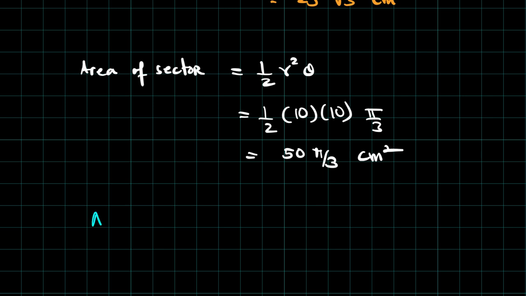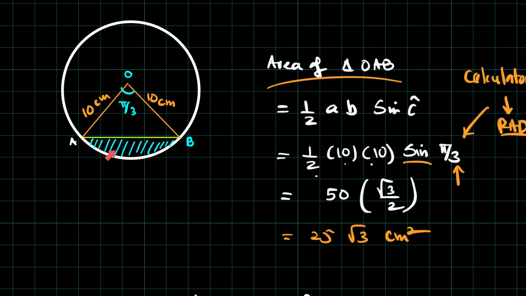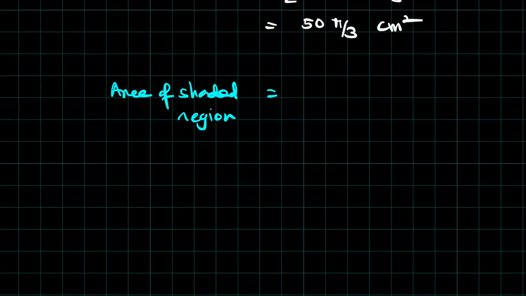Therefore, eventually, the area of the shaded region equals, which is bigger, which is smaller? You have to look. The sector is bigger. It includes this triangle. So area of sector minus triangle. So therefore, I'll write 50 pi by 3, that is the area of the sector, minus 25 root 3, that is the area of the triangle.